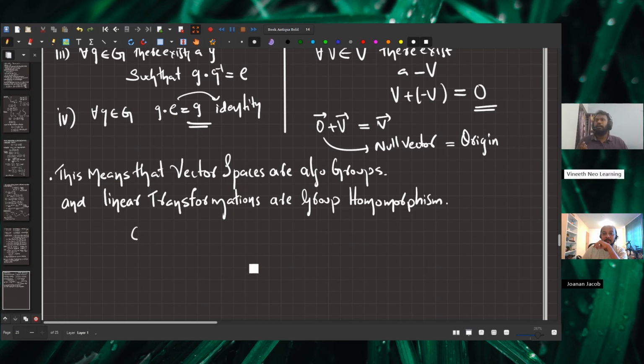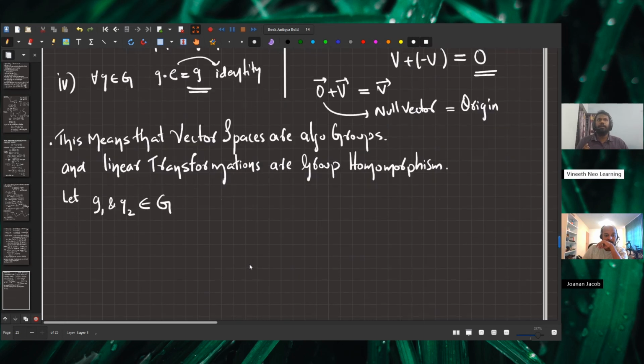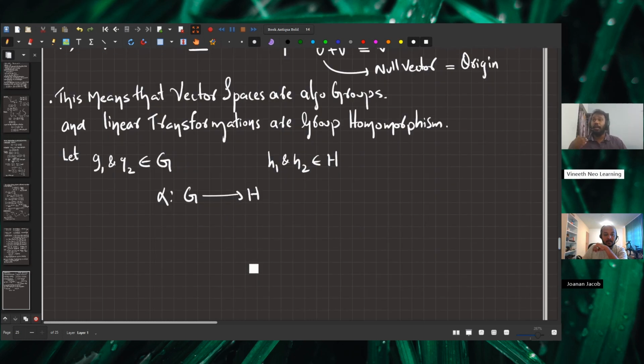Let G1 and G2 belong to a group G, and say H1 and H2 belong to another group H. We define a map, a function, from G to H. Under that function, G1 is mapped to H1 and G2 is mapped to H2.